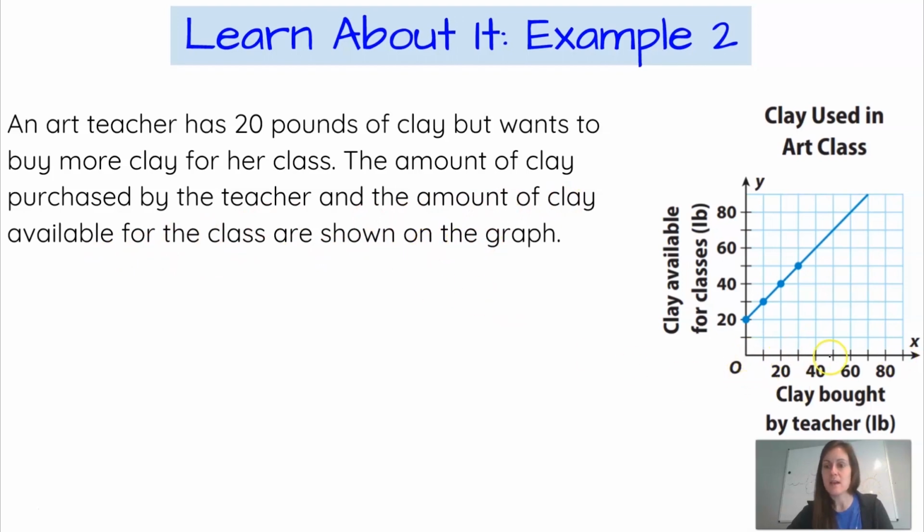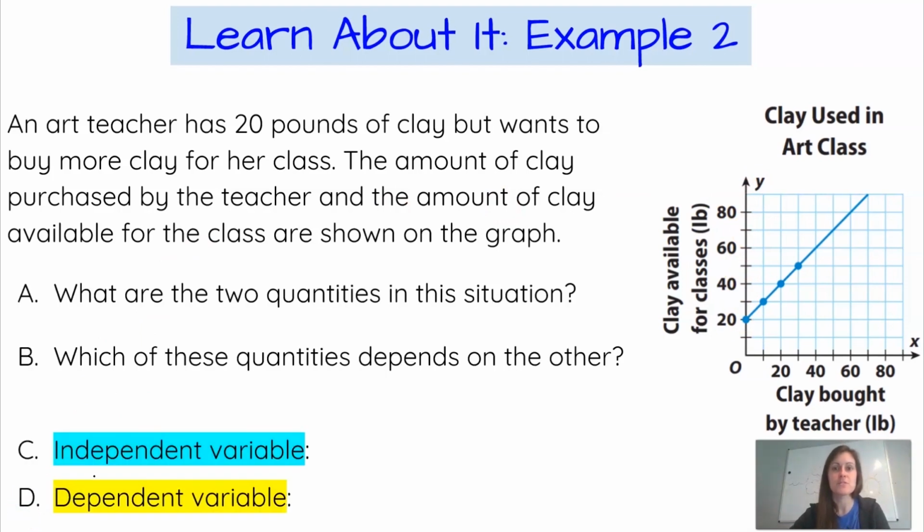So along the x-axis, I'm representing those values as the clay bought by the teacher in pounds. And on the y-axis, I'm representing that with the clay that's available for the classes. So it looks like as I increase the amount of clay bought by the teacher, the clay available for the classes is also increasing. And now I'm going to answer the same 4 questions as I did in example 1.